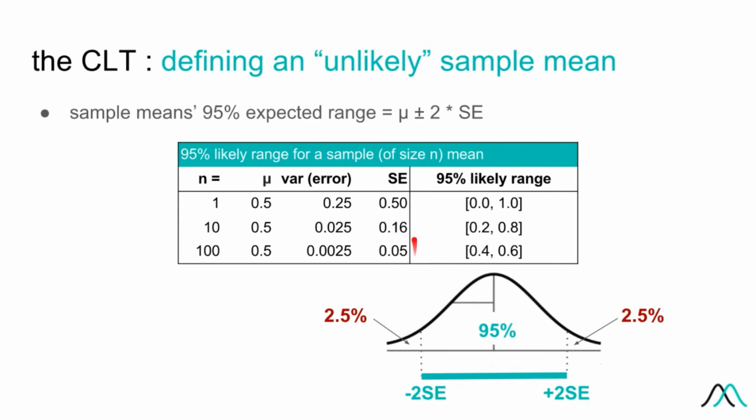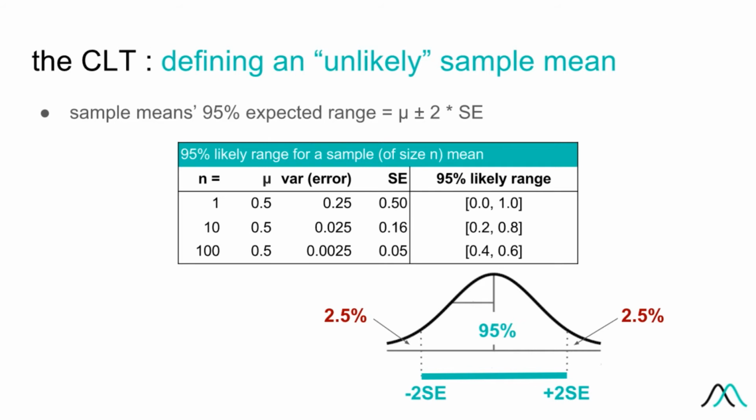For 1,000 flips, it's the original standard deviation, 0.5, divided by the square root of 1,000, which gives a 95% likely range of 0.468 to 0.532, meaning out of 1,000 flips, 95% of the time you'd expect to see between 468 and 532 tails.